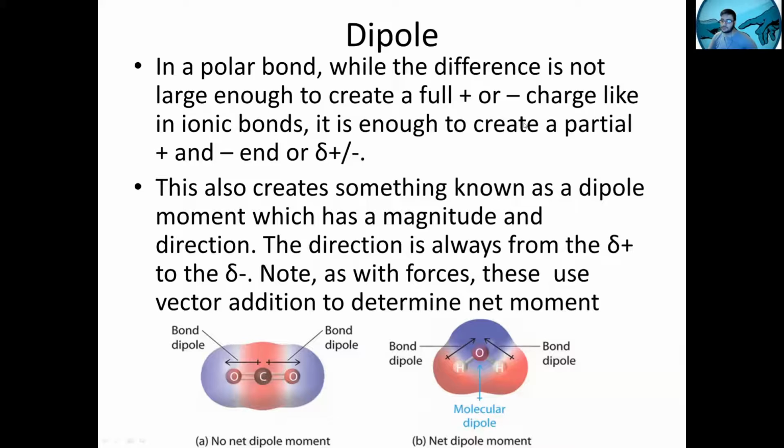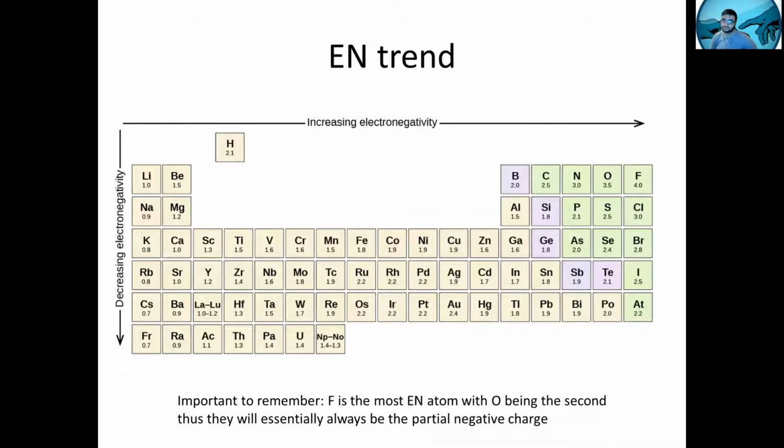If you're a little confused on that, I recommend watching a physics lecture on forces and vector addition, and that should clear it up for you. It's exactly the same. The electronegativity trend on the periodic table is this way: it increases to the right and decreases going down. If you look at this, fluorine is the highest at 4.0.